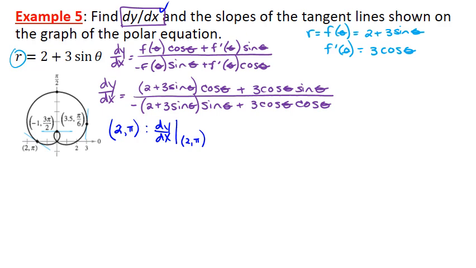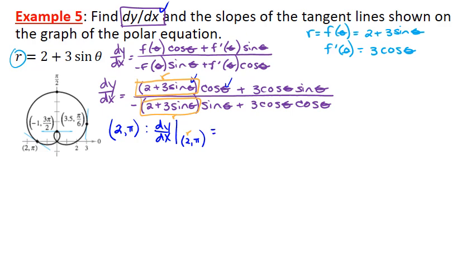Anywhere you see a theta, you can plug in pi, but I want you to notice that this is r, and this is negative r. Well, work smarter, not harder. We know that r is 2, so you can replace this whole thing with 2 rather than taking the time to plug pi in for theta.